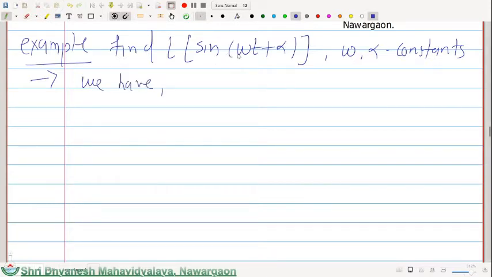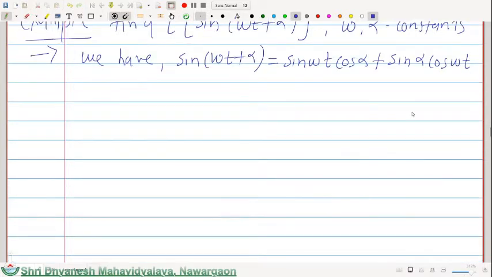Okay, so we have the formula for sine(a plus b). What is that? Sine(omega t plus alpha) equals sine omega t cos alpha plus sine alpha cos omega t. Okay, this is the formula for sine(a plus b). We have to find the Laplace transform of this left hand side.